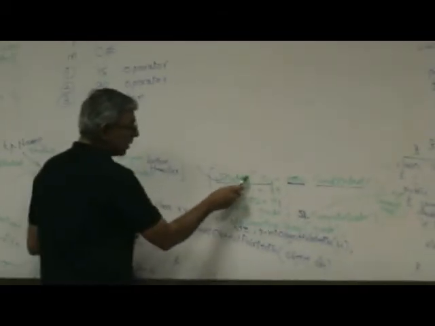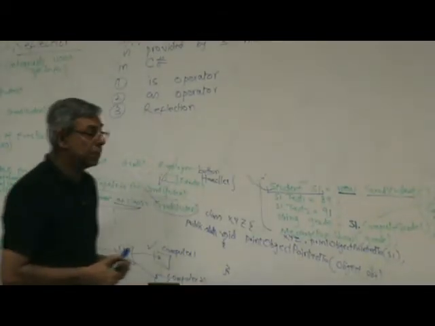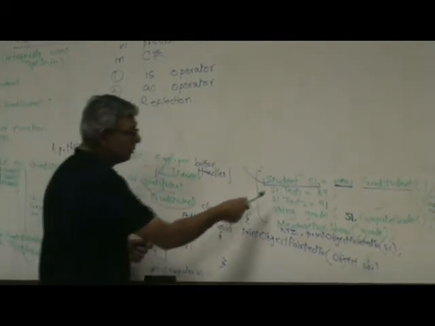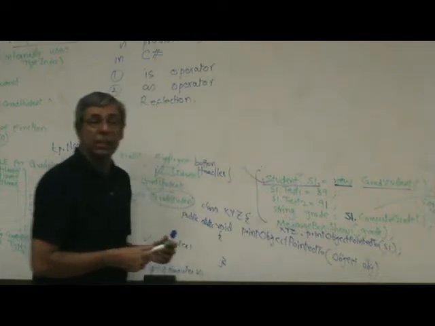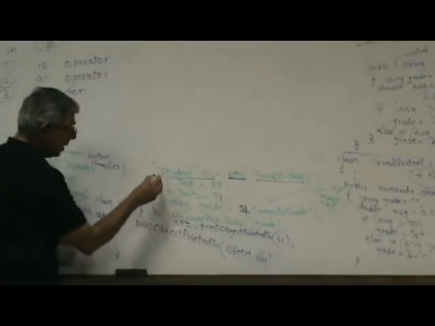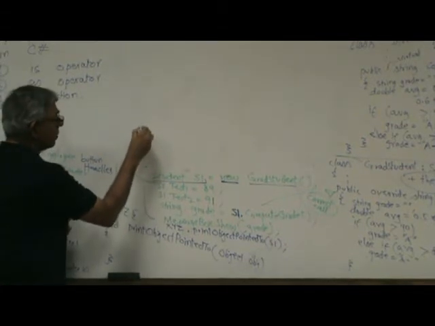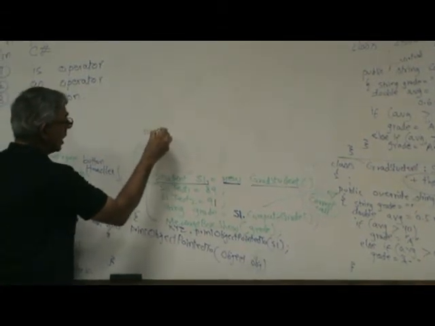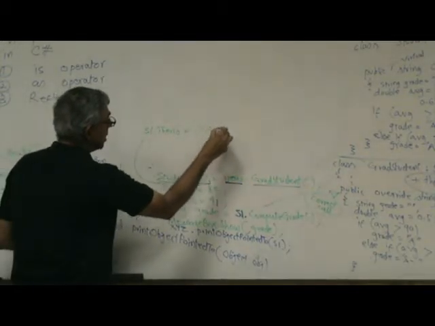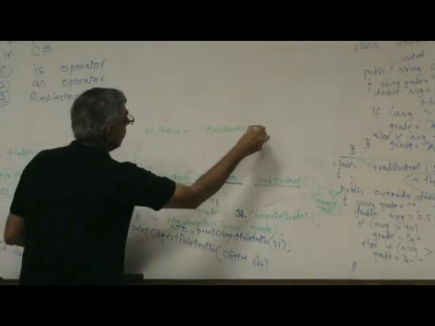Suppose we created this code, s1 equal to new GradStudent, right? And before we do anything, we wanted to set the thesis. So suppose after this line, somewhere over here, you try to do this: s1.thesis equal to Advanced OOP.